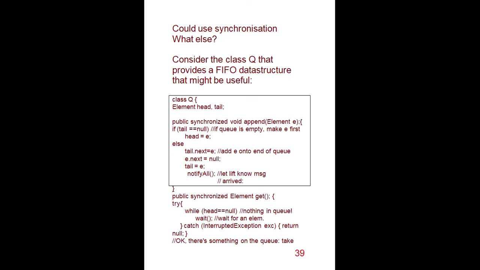If needs be, I want to append an object onto this object that's acting as a queue. You can think of it as a linked list, which we're going to consider very shortly in the course. And in which case I want to make sure it's synchronized so that no two threads can execute the same method at the same time.